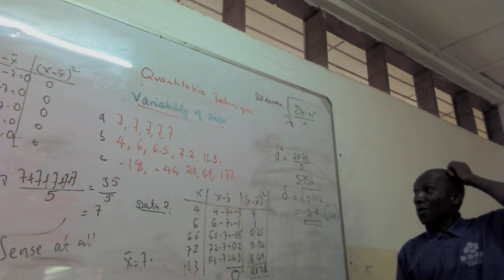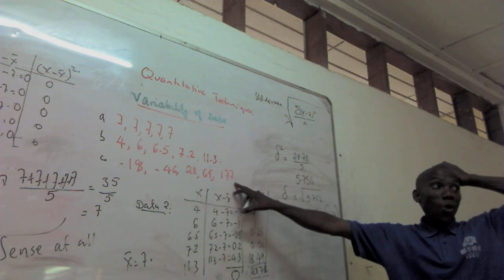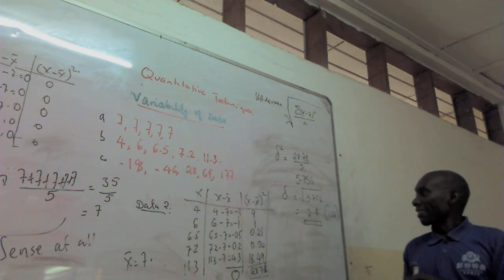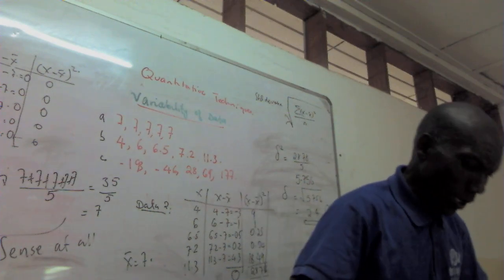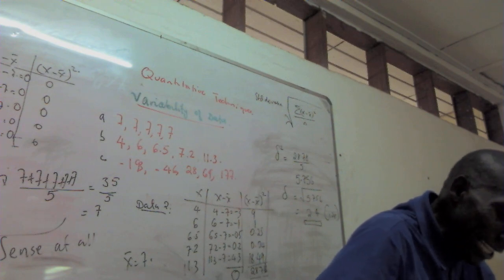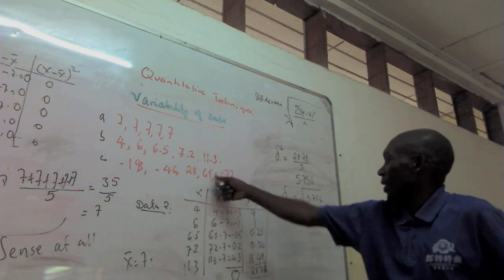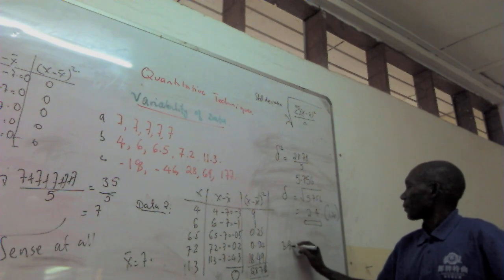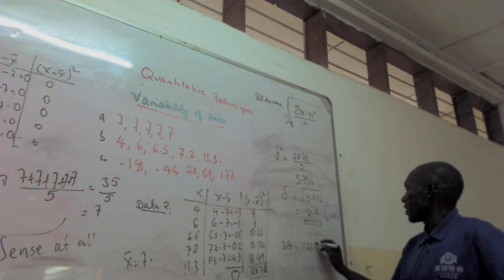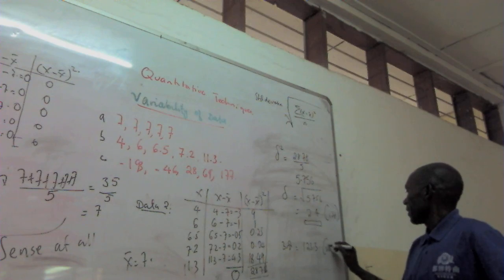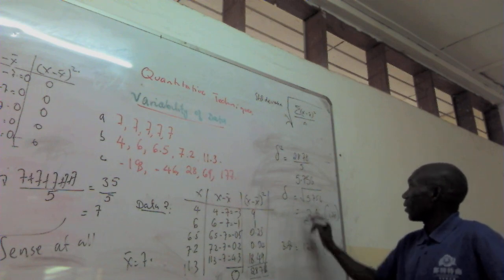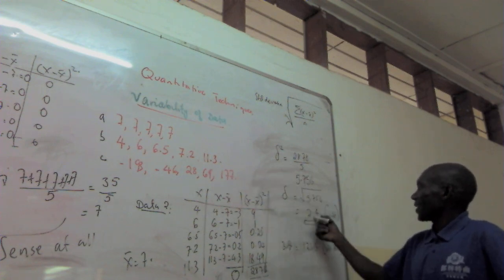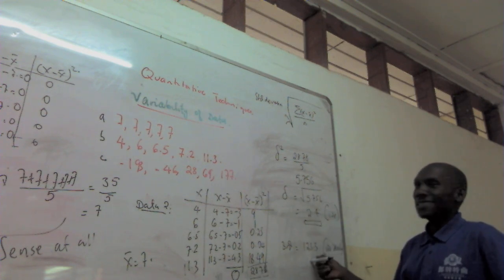If you try on your own to do this when you go home, you will discover that the standard deviation for the last one is going to be 123.3. So standard deviation for the first one is 0, for the second one is this one, for the third one is this one.